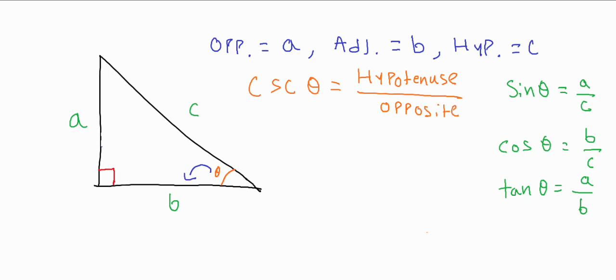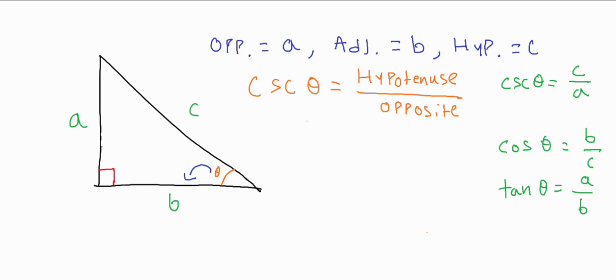So in this case, cosecant of theta will be represented as c over a, right? Hypotenuse over opposite.